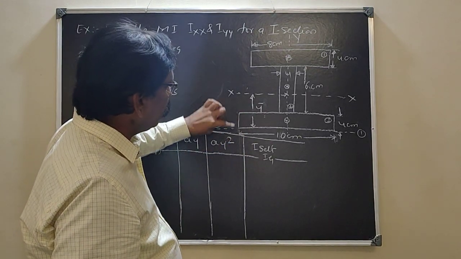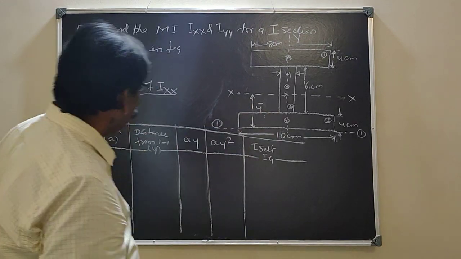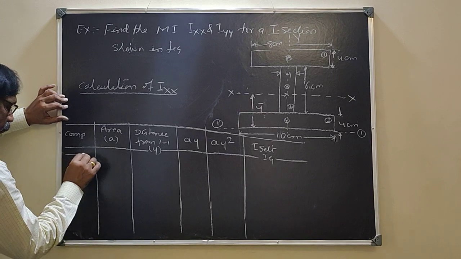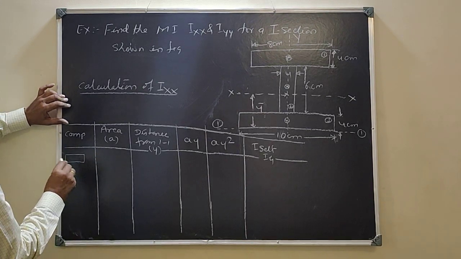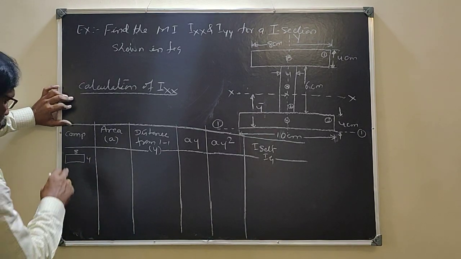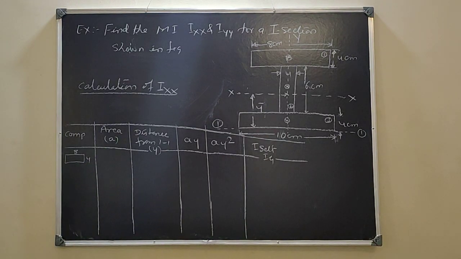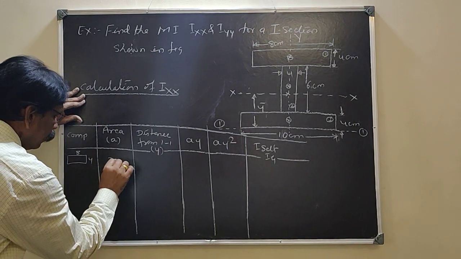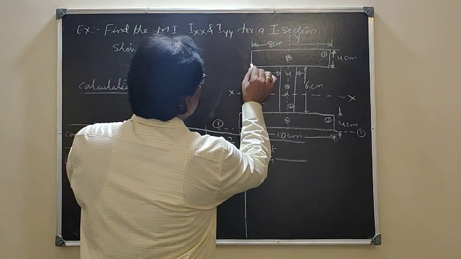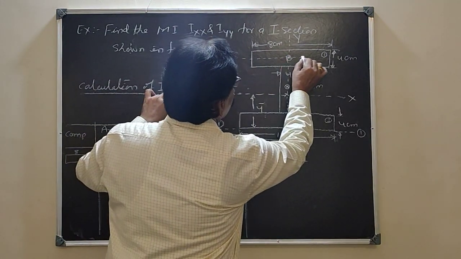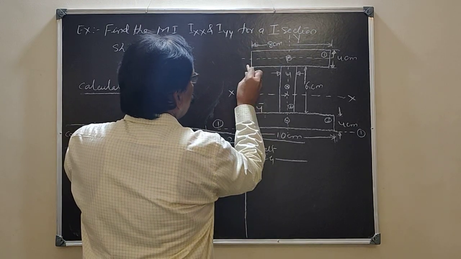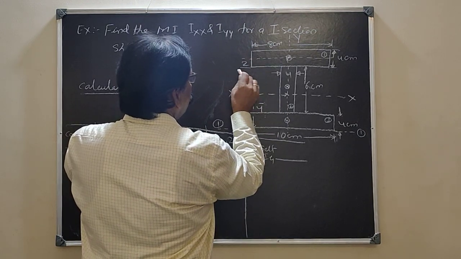Now all measurements will be taken with reference to 1-1. So here the first component is a rectangle of size 8 centimeter by 4 centimeter. So the area will be 32 centimeter square, and y will be from this axis. That means this is the centroidal axis, so as far as this is concerned, half of its depth, so this will be 2 centimeter.